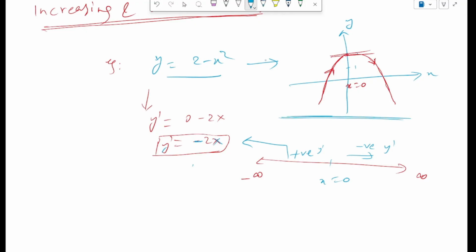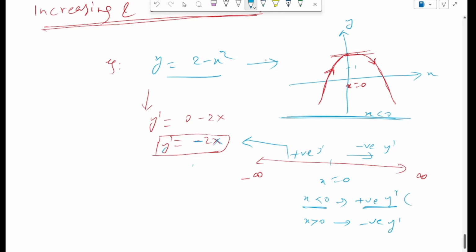By looking at the graph, we had concluded that the function was increasing in the region x is less than 0, and on this number line, we saw that for values x is less than 0, it produces a positive y dash, and for all values x is greater than 0, it produces a negative y dash.